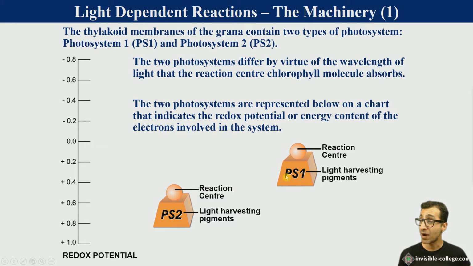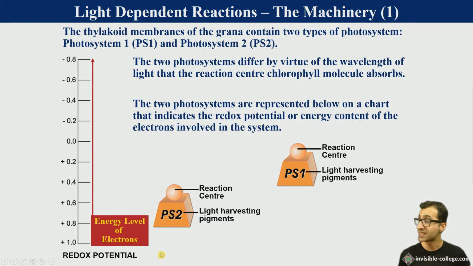So we see here that relative to photosystem 2, the electrons in photosystem 1 are at a higher relative energy level, and conversely the electrons involved in photosystem 2 are at a relatively lower energy level than those involved in photosystem 1. So we can think of this axis simply as representing the energy level of the electrons. Bear that in mind as we go through this explanation.